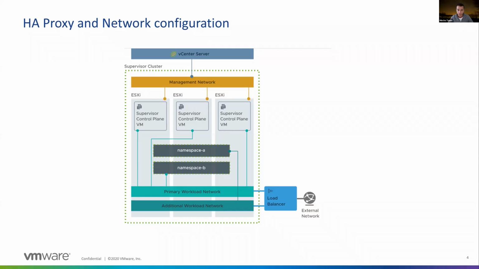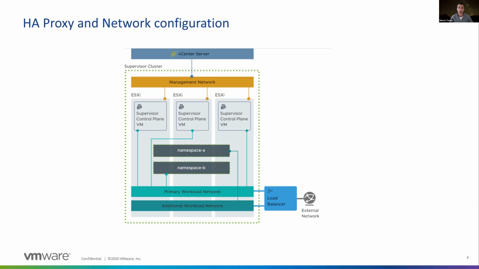With VDS networking, you have to deploy a load balancer. In our case, that is HAProxy, which I will show you later, in order to route the traffic to the correct workload network and also expose the workloads to the external network. So this is the third type of network, the external network.